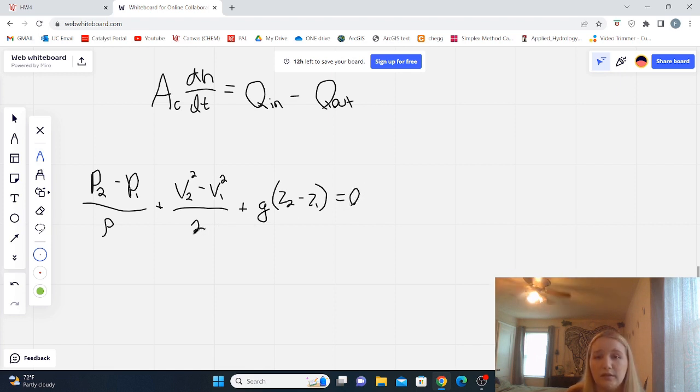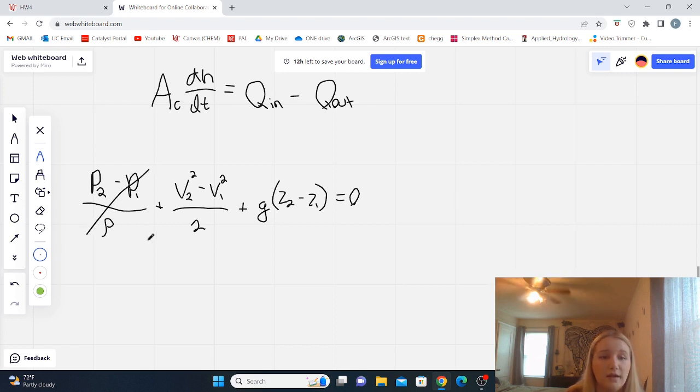So taking a look at this, we have our pressures here. Now, the contents of this tank are open to the air, so we're going to assume that both of our pressures are atmospheric pressure, so therefore those are going to cancel out.